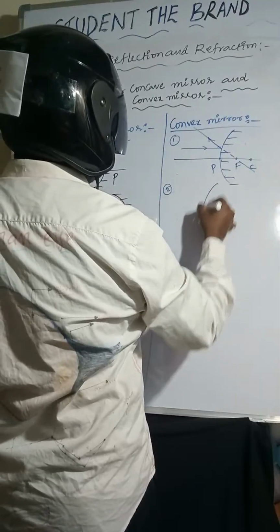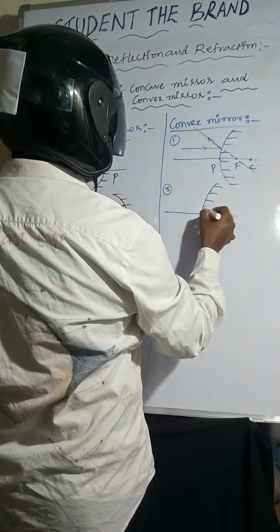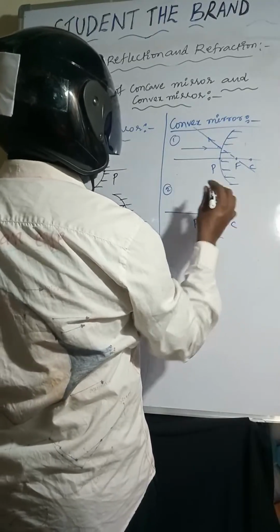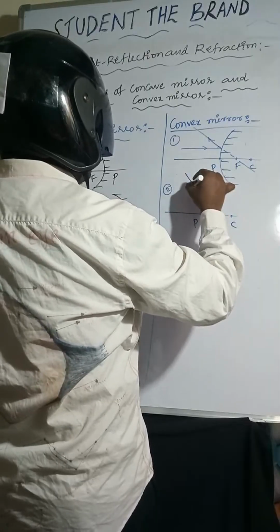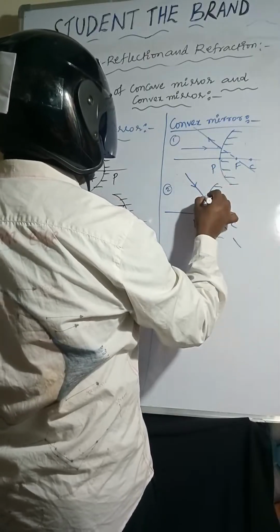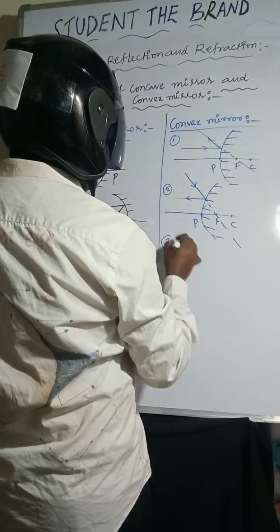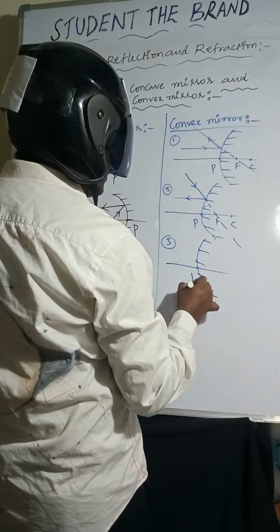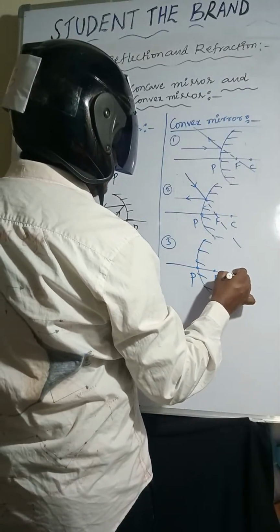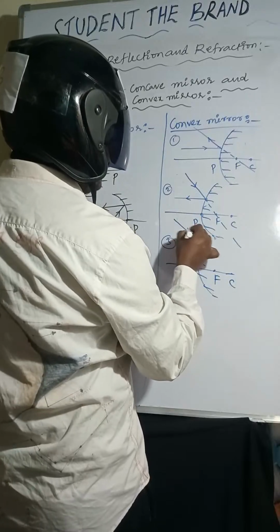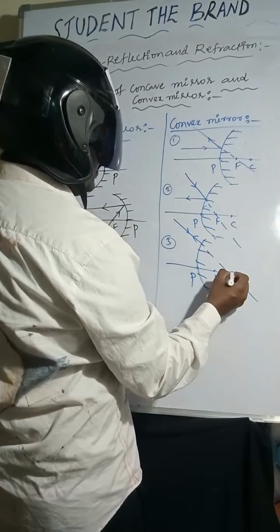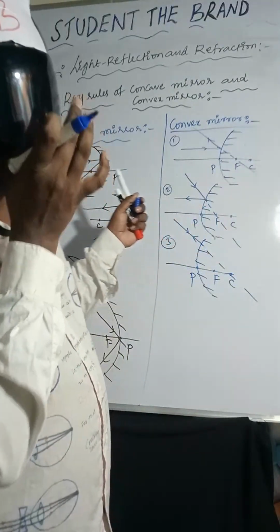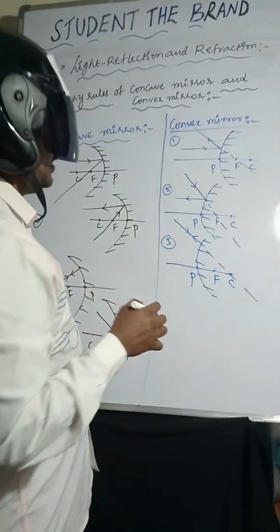Second one: light rays passing through focus, after reflection move towards infinity. Third one: light rays passing through center of curvature reflect back along the same path, as we discussed for concave mirror. For convex mirror also same thing.